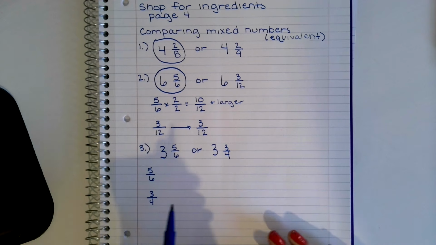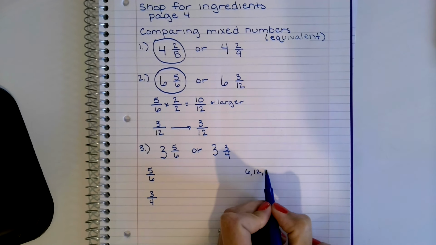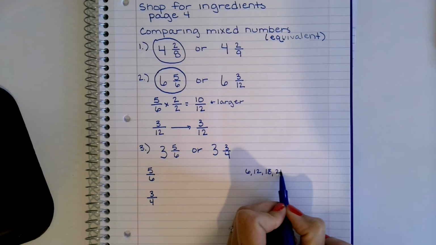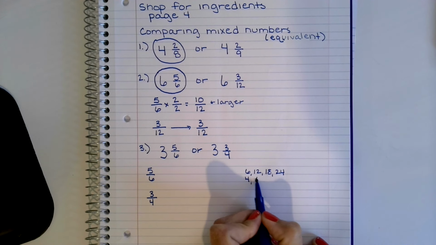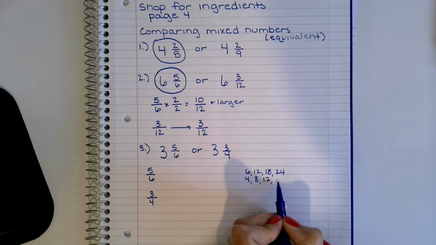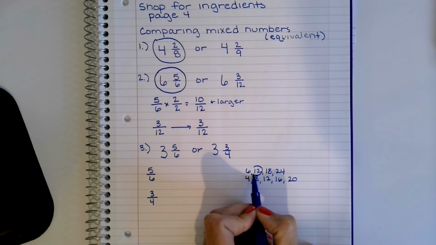It would be 12. Because if I wrote out my multiples of 6: 12, 18, 24, and wrote out my multiples of 4: 8, 12, 16, 20, 12 is our lowest common one.